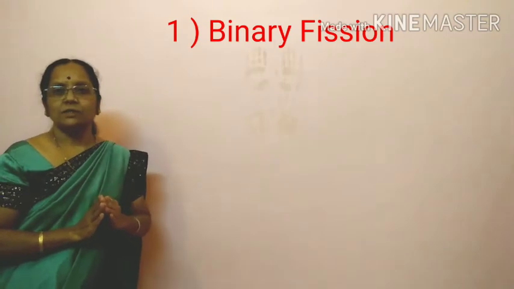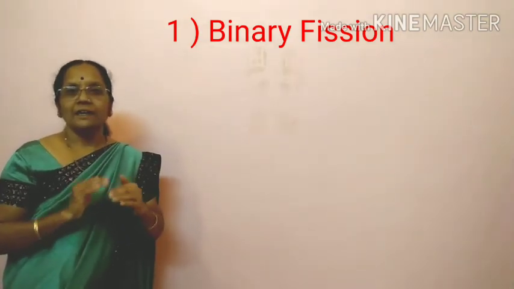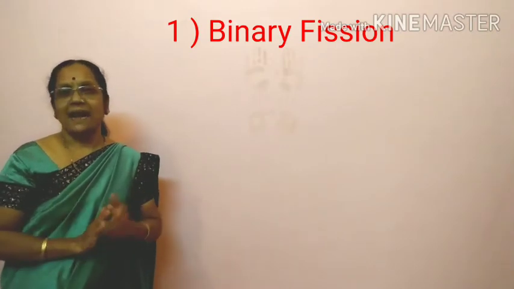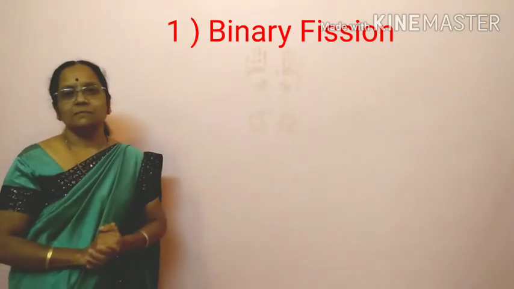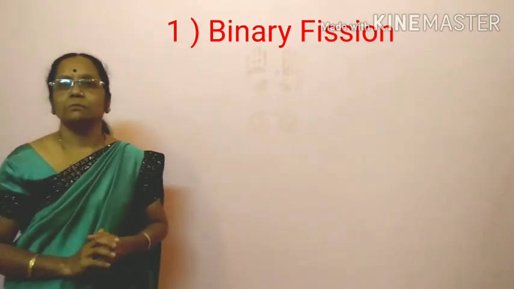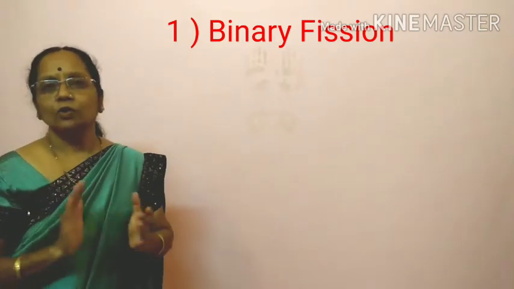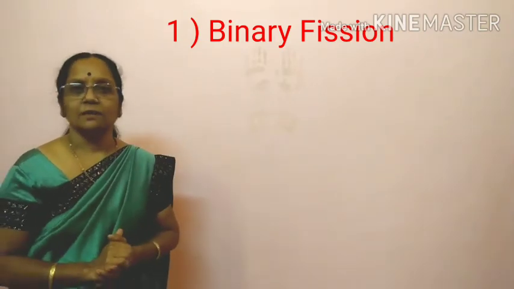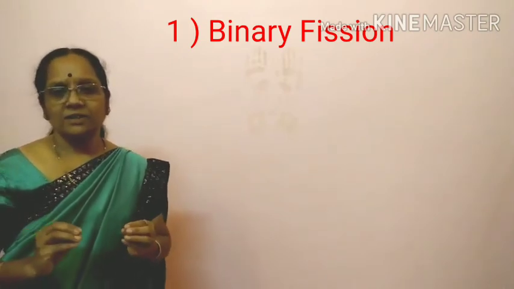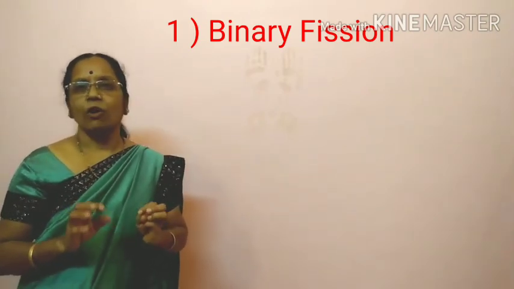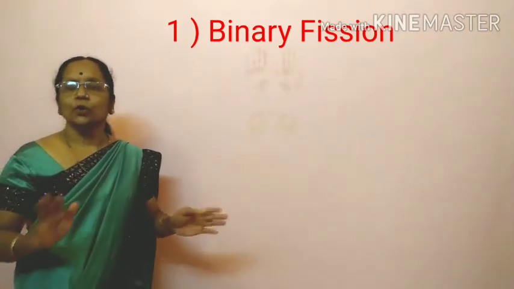In binary fission, the organism divides into two parts and there is production of two similar organisms. Binary fission मध्ये एकापासून दोन लिव्हिंग ऑर्गॅनिझम्स तयार होतात. That is the binary fission. Binary fission means the division of the body of that living organism into two parts.